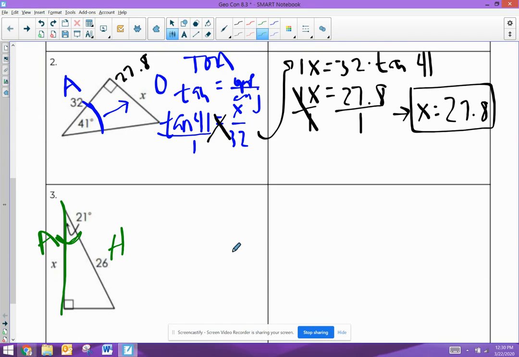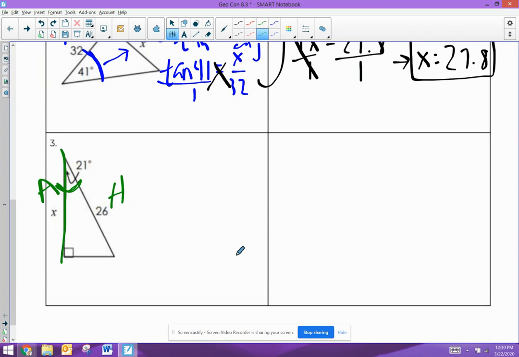The cosine is the adjacent over the hypotenuse. So that'll be the cosine of what? The cosine of 21. I'm going to erase that. Try to find a better angle.